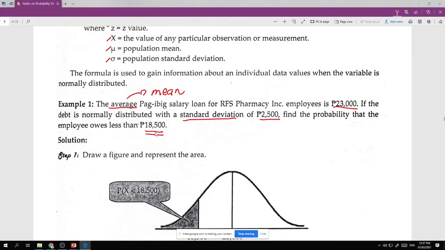This one is the population mean, and this one is the SD.